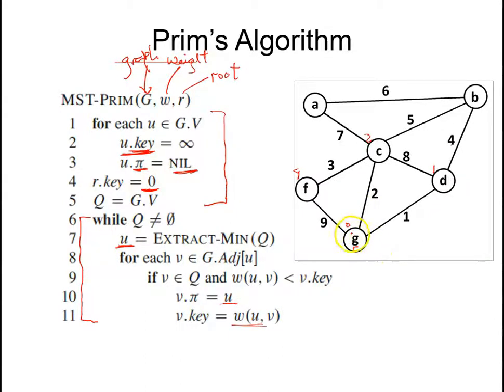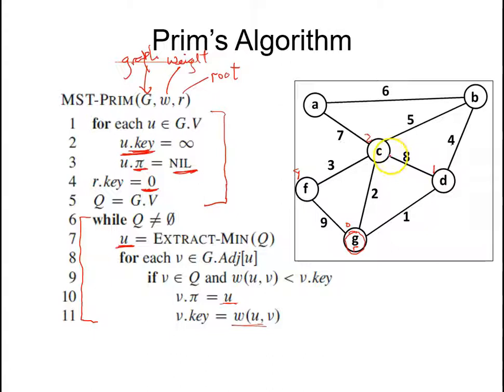Okay, now what I'm going to do is I'm going to circle a vertex that has been processed so that we know it's no longer in the queue. Okay, so we skip this if statement for this adjacency. Then we go to this adjacency.